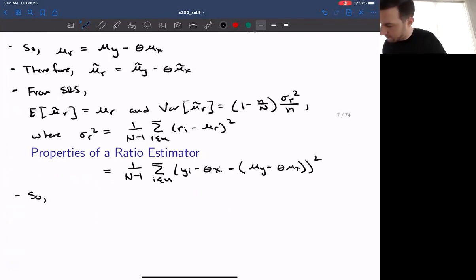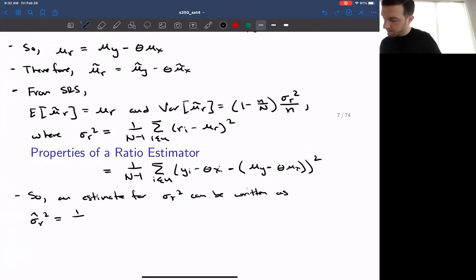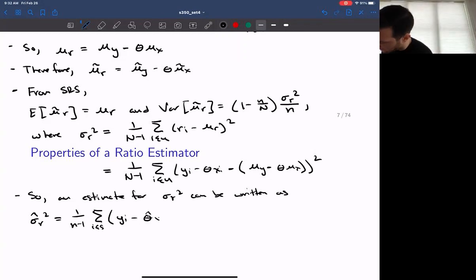So the estimate for sigma r squared can be written as sigma r hat squared is equal to 1 over little n minus 1 times the sum of i in s of, okay, yi minus theta hat xi minus mu y hat minus theta hat times mu hat x.